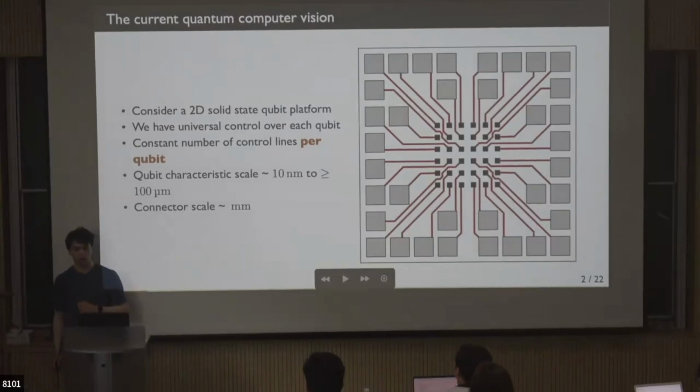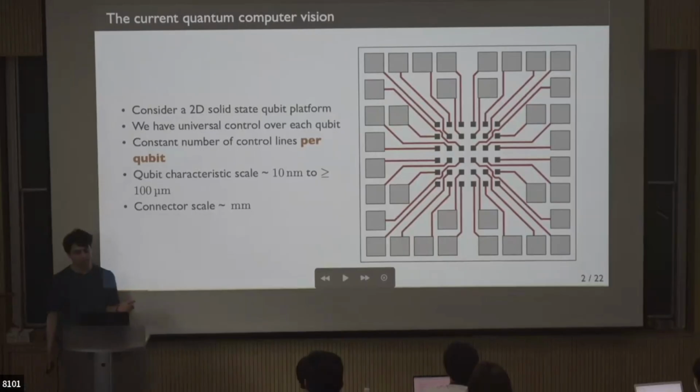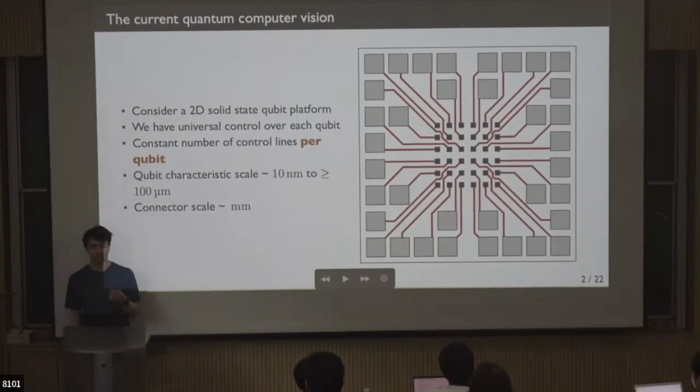This leads to some problems because the characteristic scale of one of these qubits is somewhere from, say, 10 nanometers to maybe a few hundred microns, and the scale of the connectors to the outside world is something like millimeters. At the end of the day, some person has to go and plug a wire into your device.